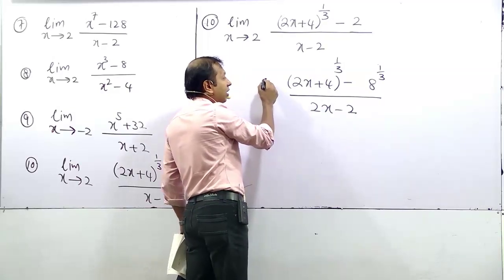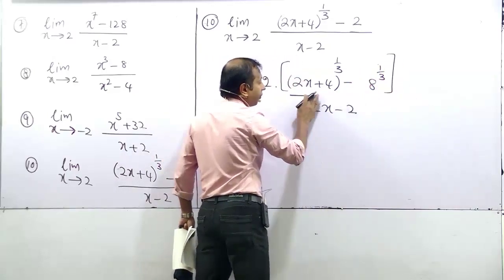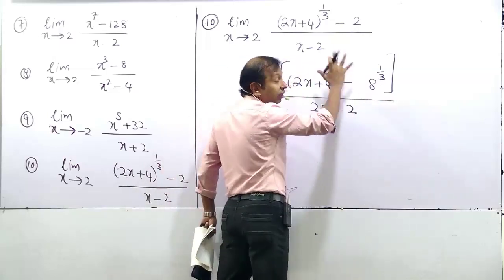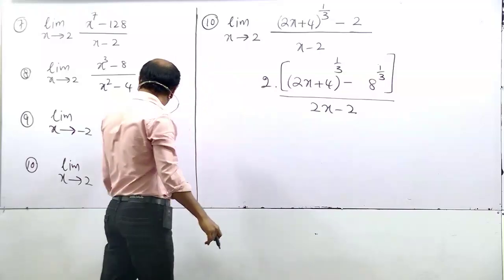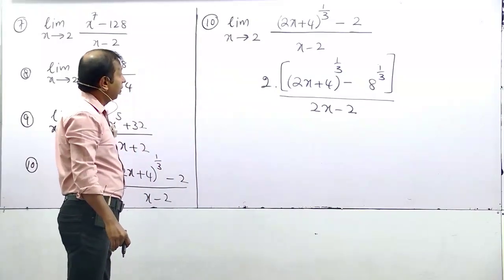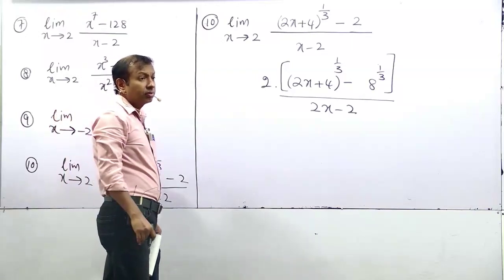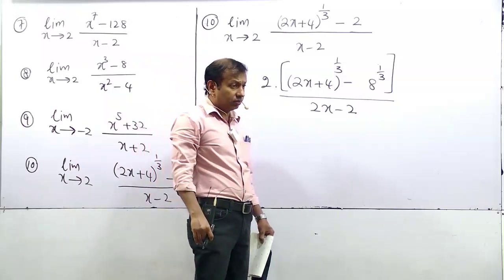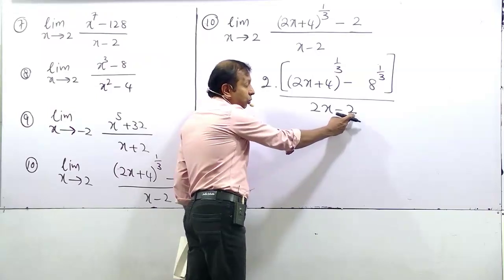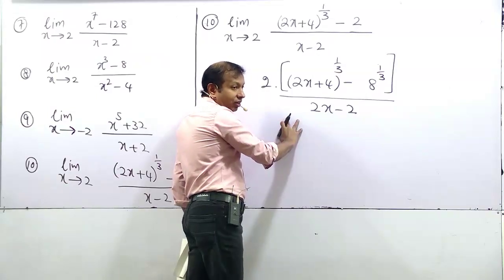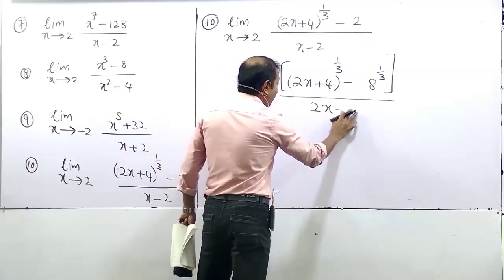Then to balance that, I multiply by 2 like this. Then the initial one, does it change? 2x plus 4 minus 2, x minus 2. Does it change? 2 and this 2 take out as common factor. Cancel down that 2 with this 2.